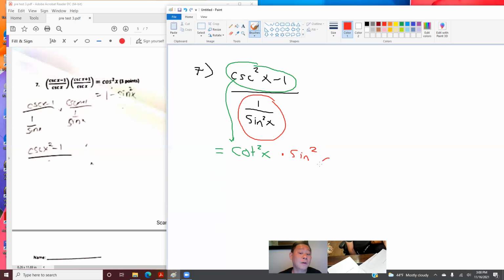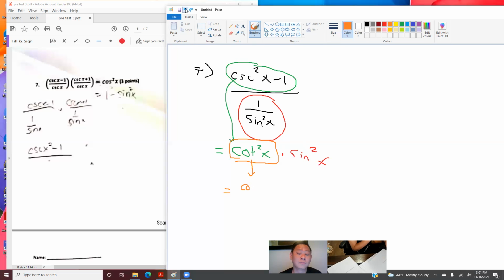All right, close, we finish. Don't forget, we need to get cosine squared. So what can we do next? Change it to what? Cosecant minus 1.